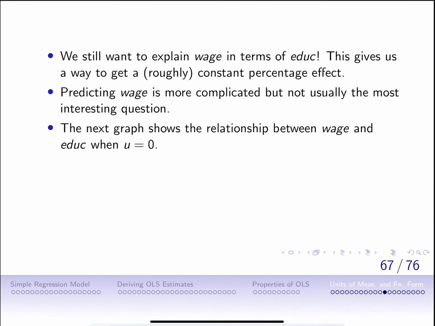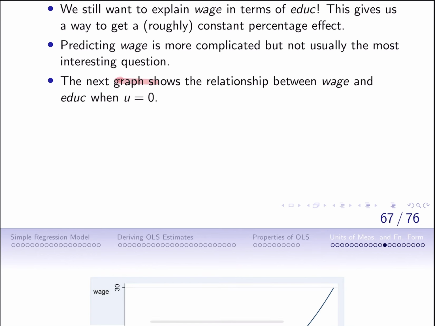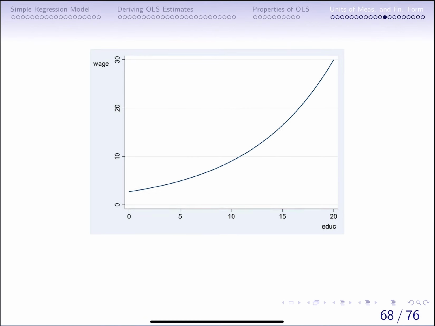Okay, so here the graph is going to show the relationship between wages and education when u is equal to 0. Here you can see that this is sort of exponential, and this doesn't have a constant slope, right? If we had a straight line that we fit through everything, then as we go from lower levels of education to higher levels of education, there would be a constant effect on wages.